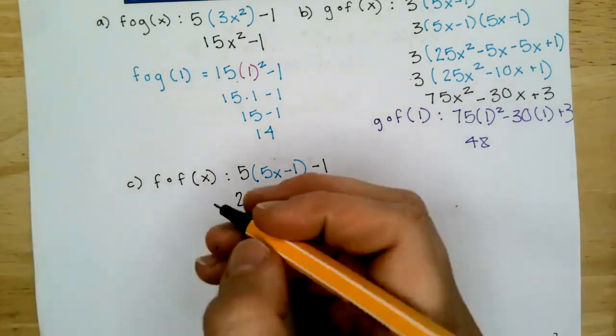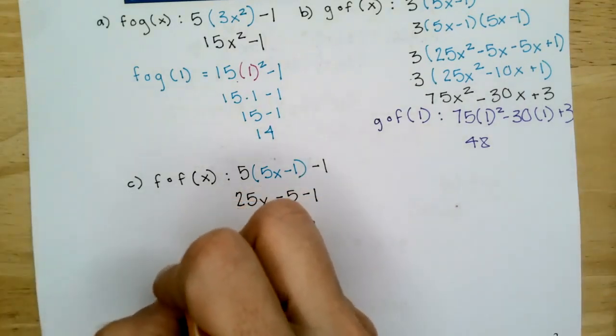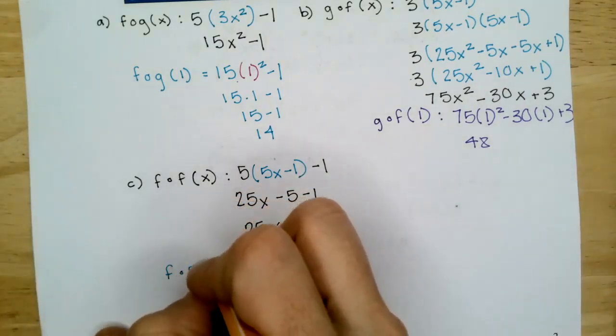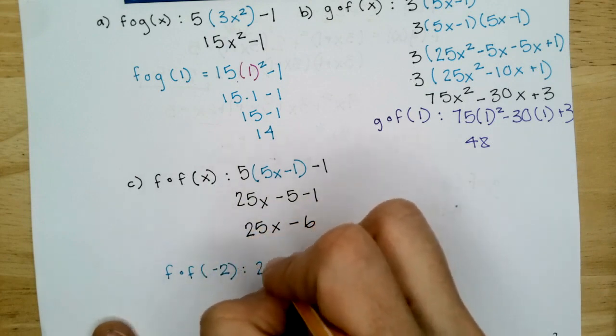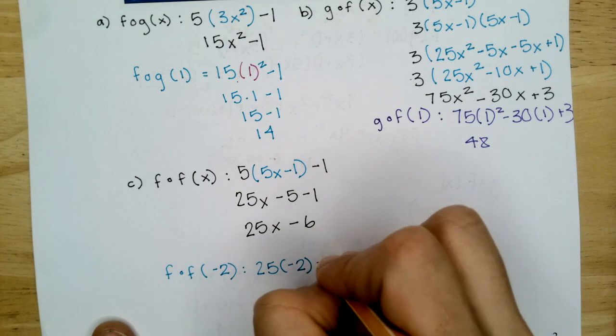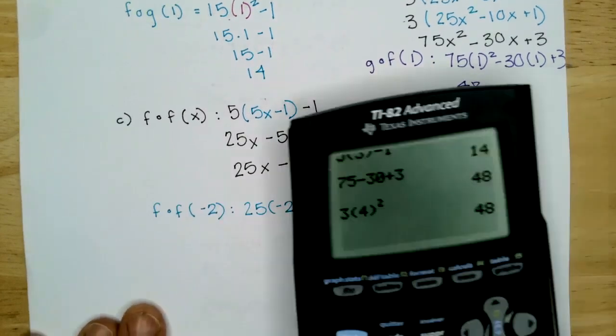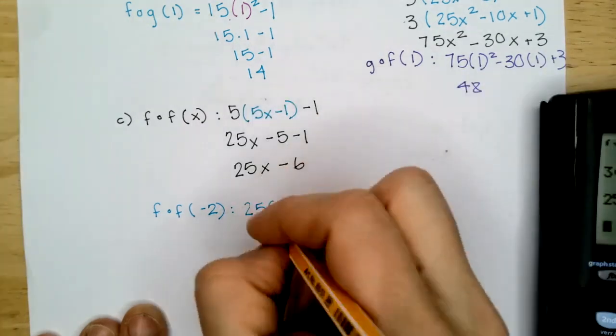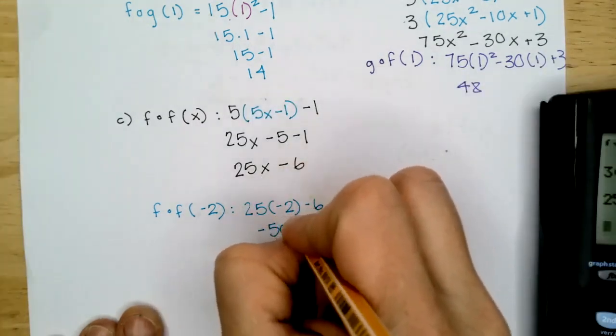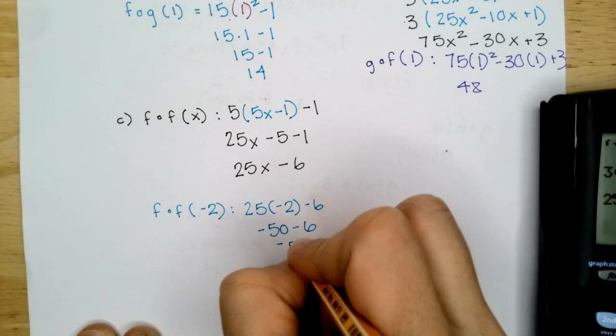So f of f of negative 2 now is 25 times negative 2 minus 6. Good? 25 times negative 2 is negative 50 minus 6, negative 56.